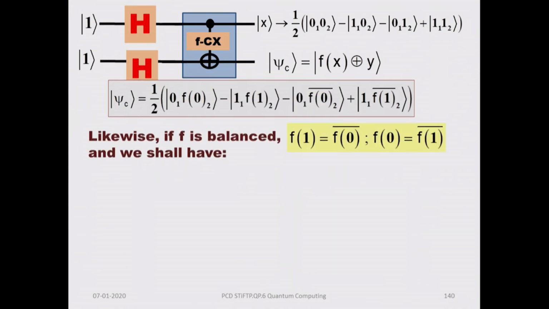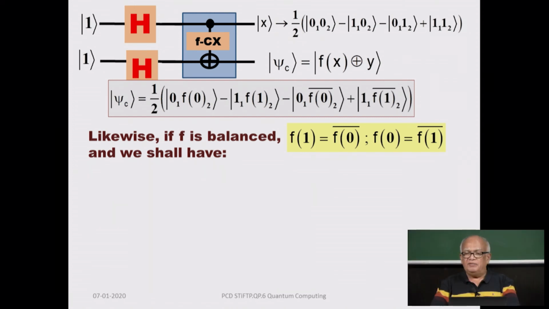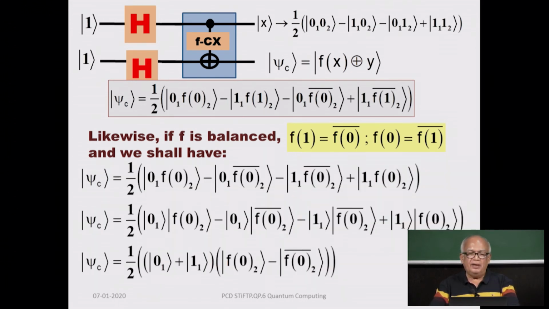Now, in the second case, if the function is balanced, then you have f1 is equal to not of f0 and f0 is equal to not of f1, right, which we just saw in the previous slide.